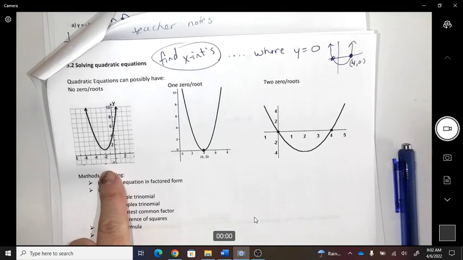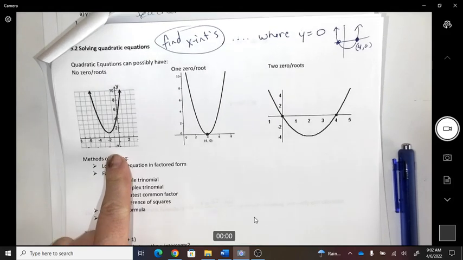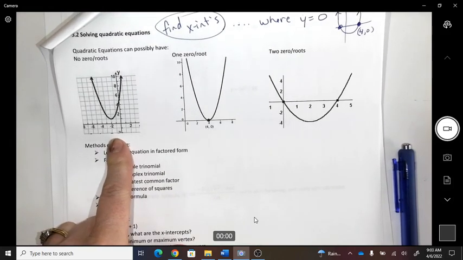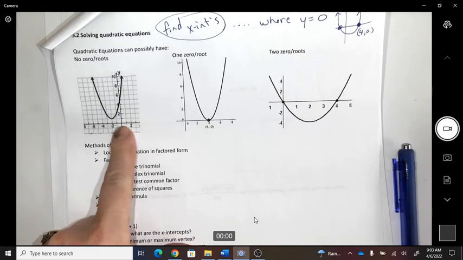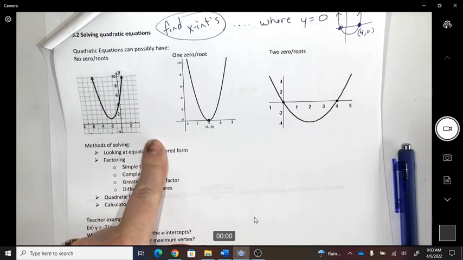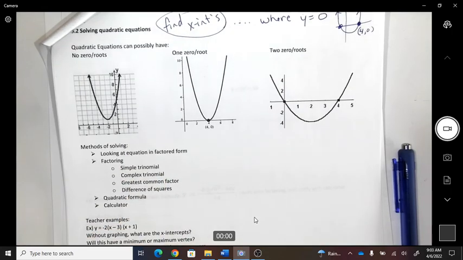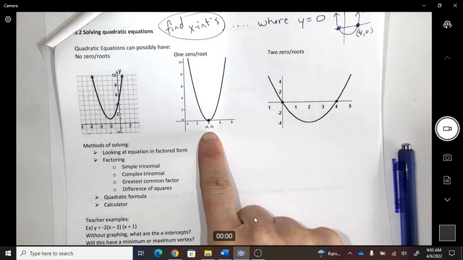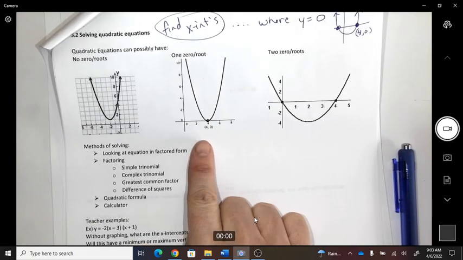Sometimes quadratics actually have no solution. Okay, looking at this quadratic, do you see where it's ever going to touch this x-axis? It's not, right? There's going to be no solution to it. Sometimes quadratics can have exactly one solution.